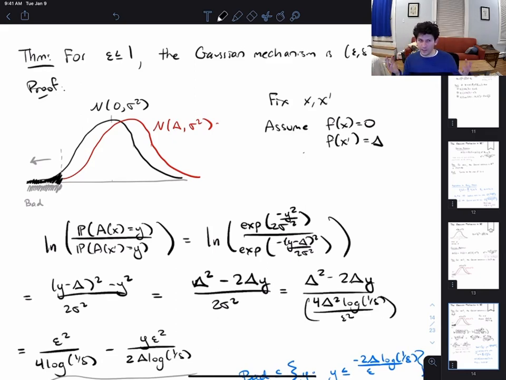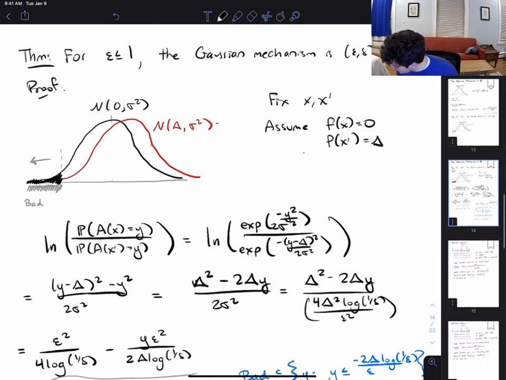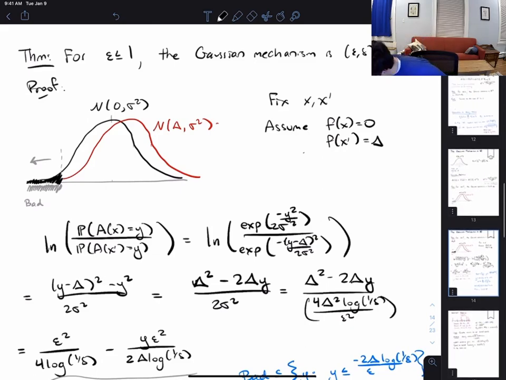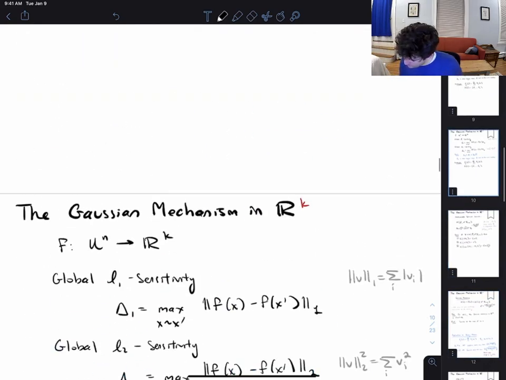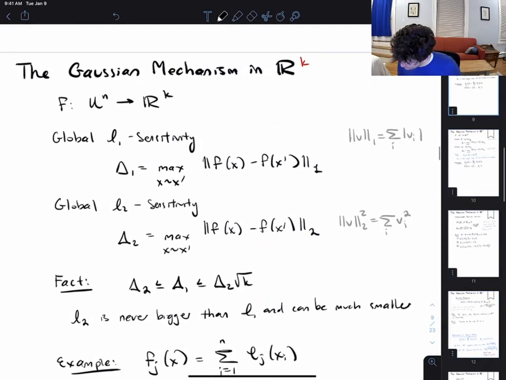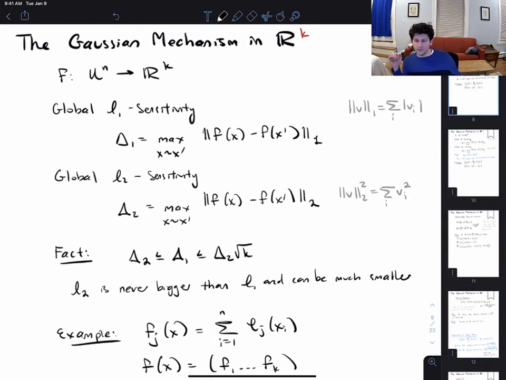So far, we haven't really established that it does anything that the Laplace mechanism doesn't do. But the nice thing about the Gaussian mechanism is that it generalizes well to higher dimensions. So let's take stock of what we can do if we want to output a query that takes values not just in the reals but k-dimensional real vectors.